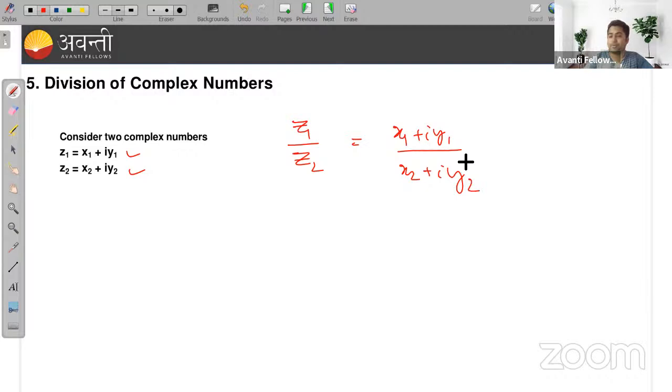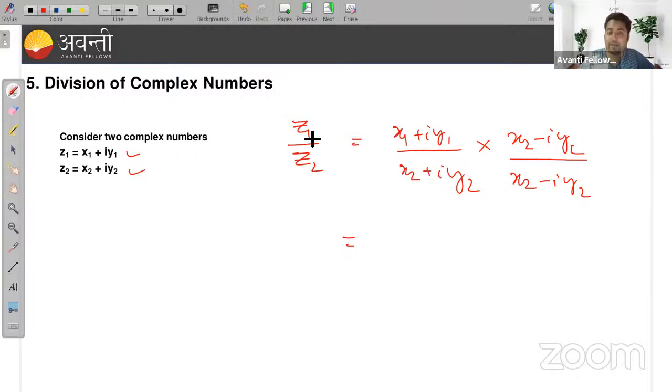So the simple process is just to rationalize these terms. How can you rationalize? What is the term you have in the denominator? We can multiply by x2 minus iy2 upon x2 minus iy2. Now we can simplify, and the number you get will be a complex number.